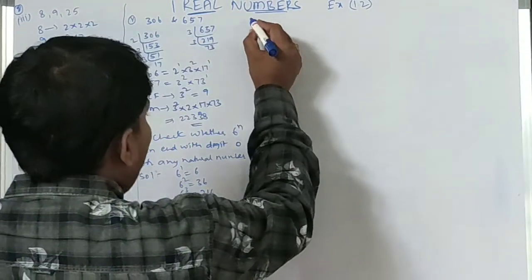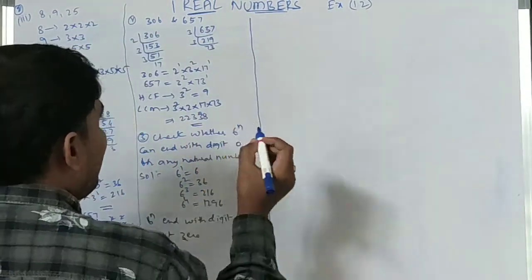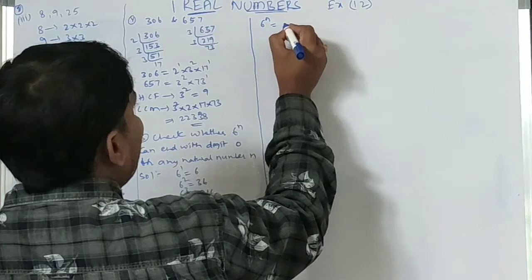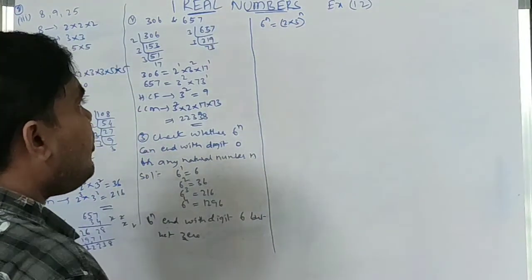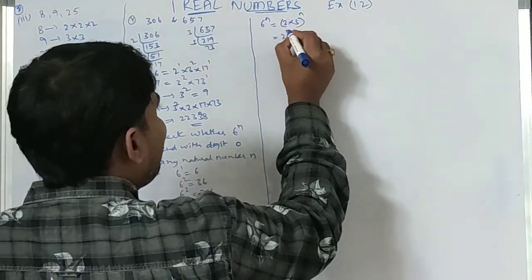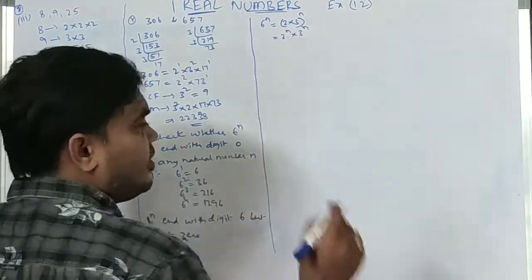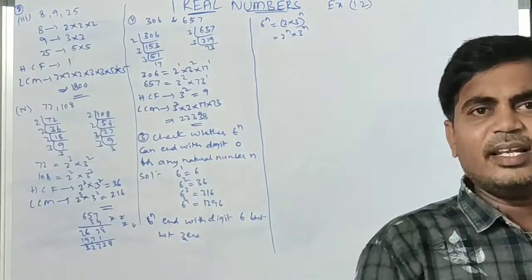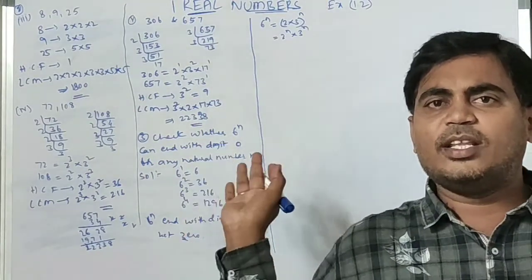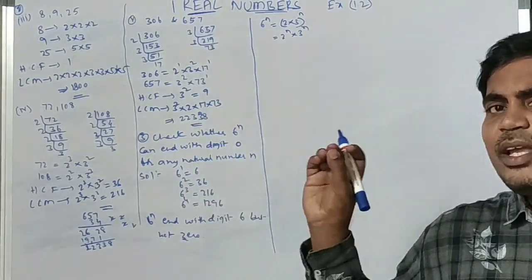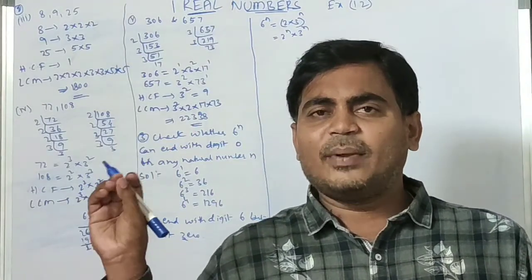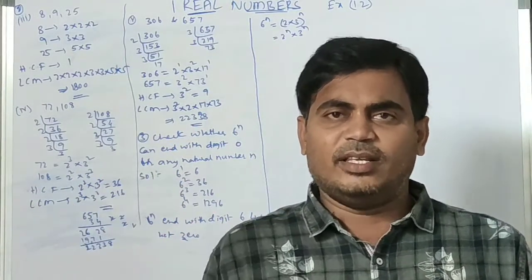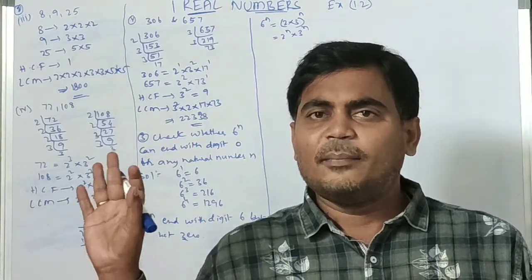I want to do it another way. 6 power n equals, I can write as 2 into 3 whole power n, so 2 power n into 3 power n. So 6 power n has prime factors only 2 and 3. If a number ends with 0, compulsorily the prime factors should include 2 and 5. So 5 is a prime factor.